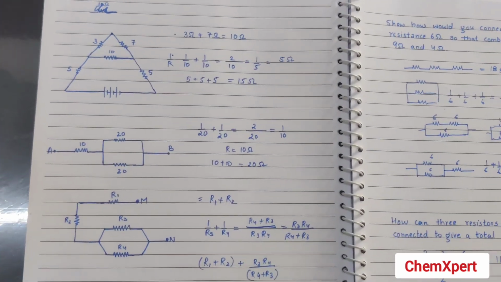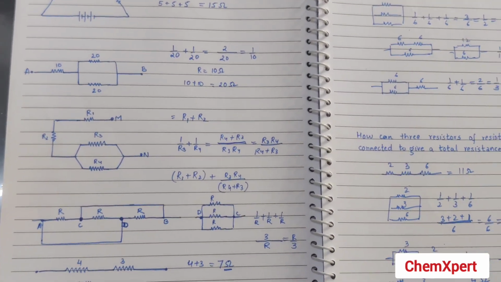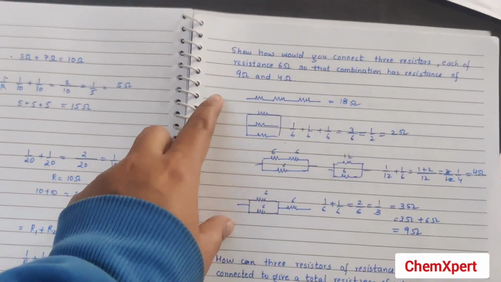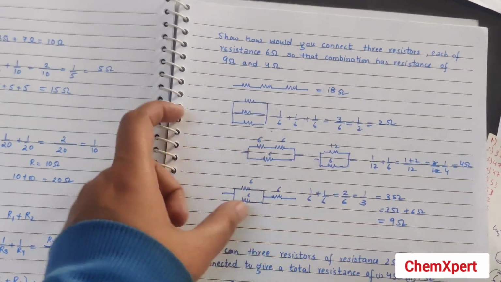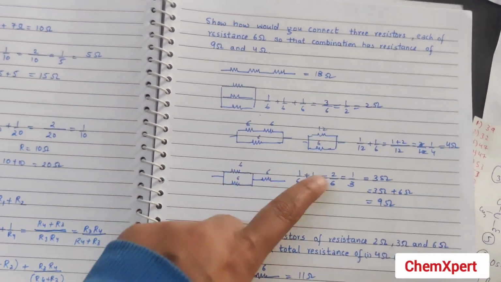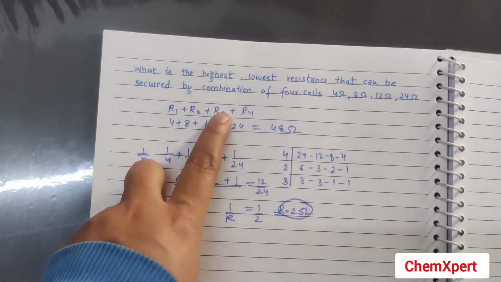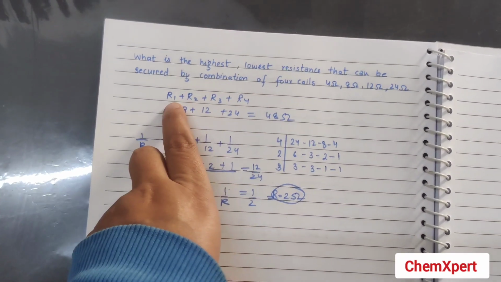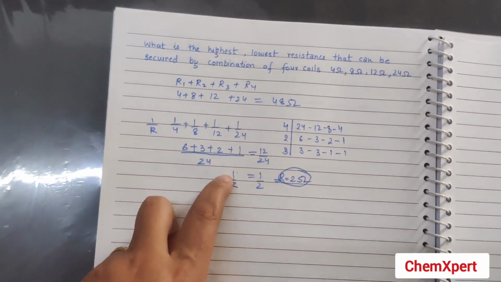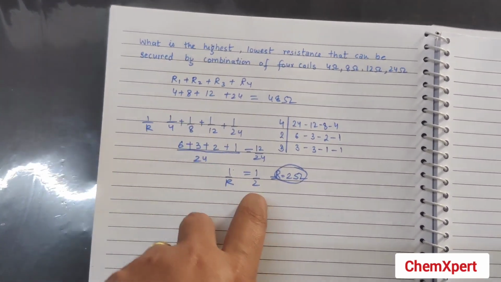And then the second type of question is where you have to find out the equivalent combination by hit and trial method, combining in different ways and getting different resistances. And one important fact: the highest resistance we will get when we connect all the resistances in series, and the lowest we will get when we connect all of them in parallel here.